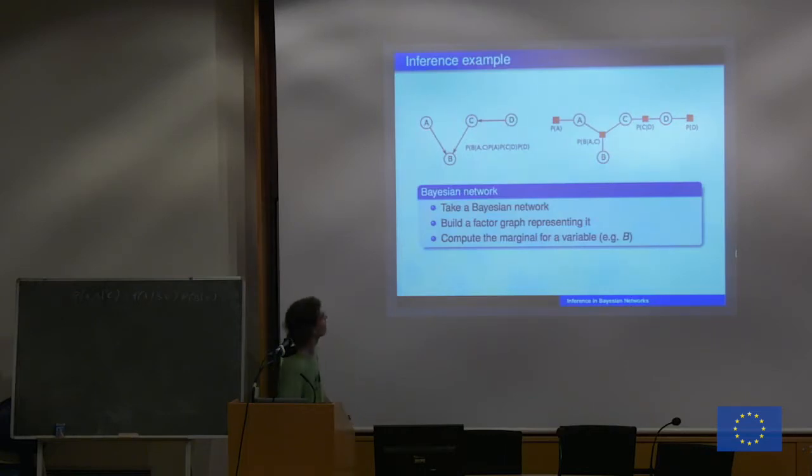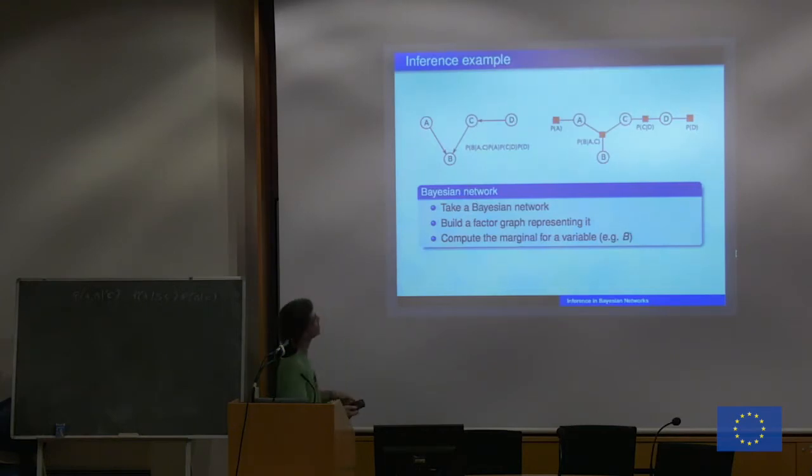And now let's say we are interested in computing the probability of B. So in principle, I should take this and sum over all other variables, C, D, A. Now, I will do this by sending messages.